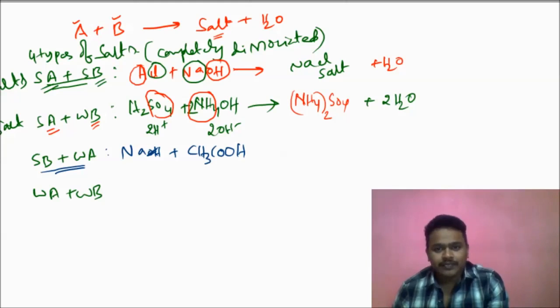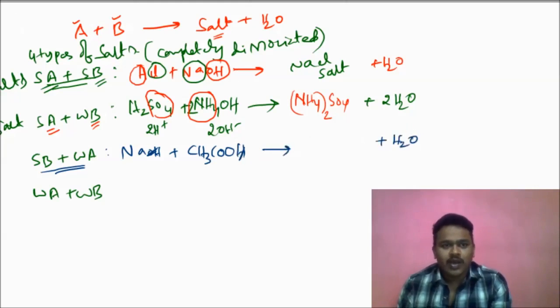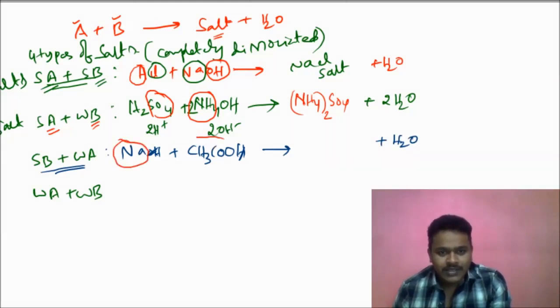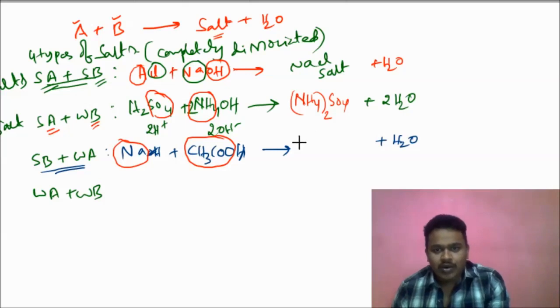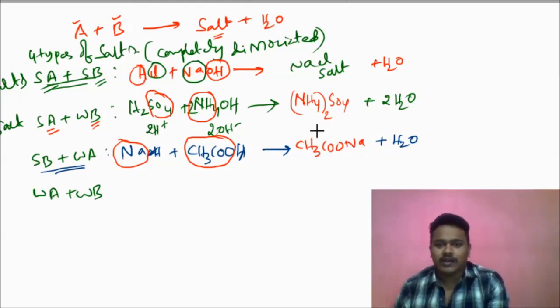Combined, water H2O is coming. What remains here is Na plus and CH3COO minus. Both combined give CH3COONa. This is sodium acetate. It is also a salt. It is a salt of strong base and weak acid.